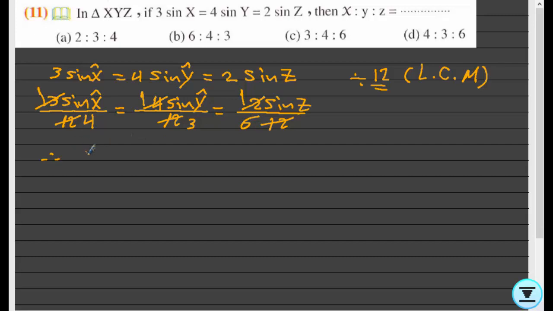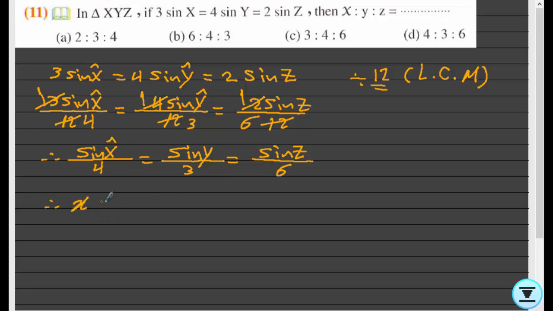So sine X over 4 equals sine Y over 3 equals sine Z over 6.